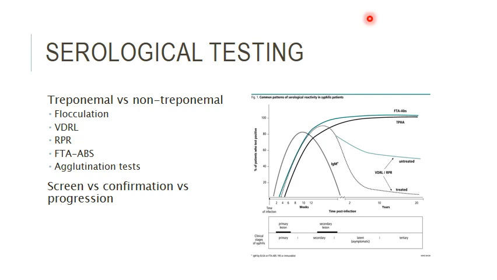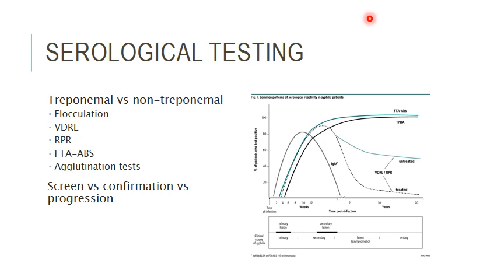The reagent is made of cardiolipin, cholesterol, lecithin, and charcoal, all put together in the RPR reagent. VDRL uses the same reagent, but without the charcoal, okay? And generally speaking, in about 1 to 4 weeks after that primary canker appears, you will start to see RPR and or VDRL levels increase.